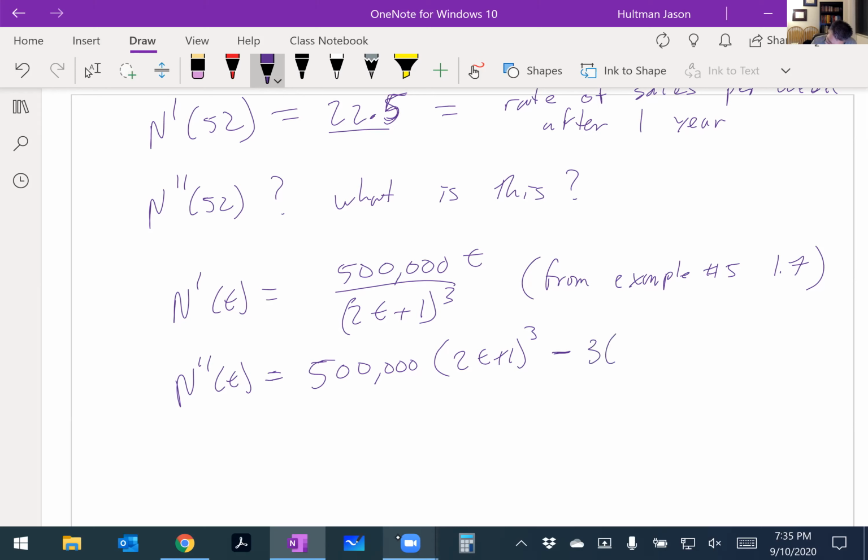Well, that's 3 times (2t plus 1) squared times 2, that's the chain rule, times the top, 500,000 t, all over (2t plus 1) cubed, squared.